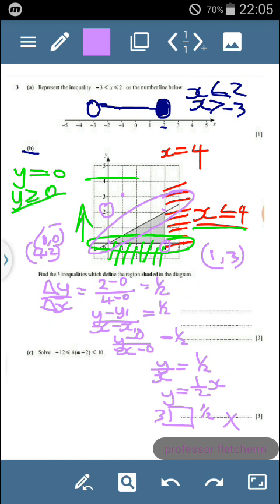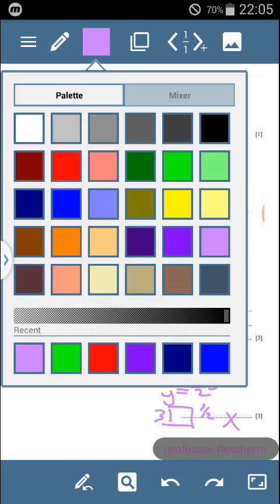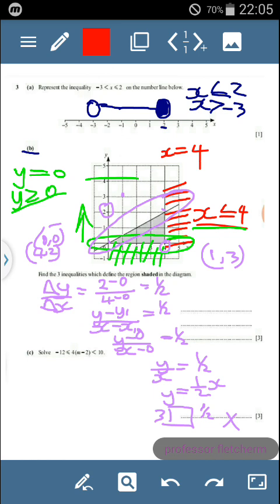How does it become false? It becomes false when we say 3 is smaller than or equal to half x. We know that this condition becomes false, because we don't want this region.